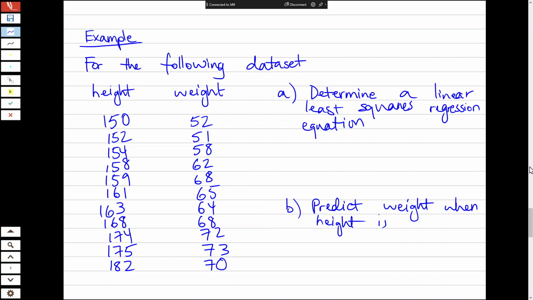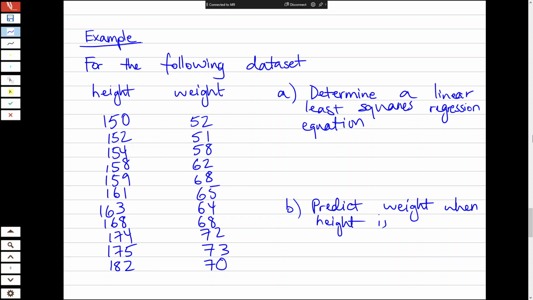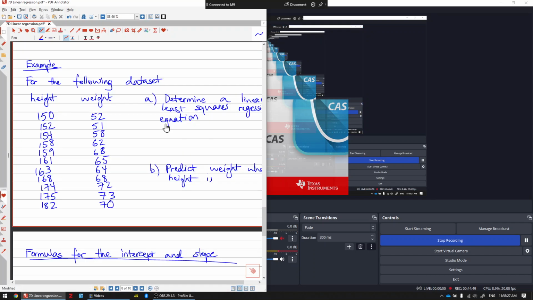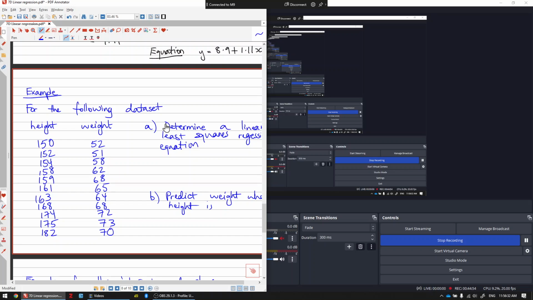Take a moment to type the data in. I've only got one screen, so I'll need to photograph this and type it in. I'll put this to one side so that you can still see the data. Then I'll show you the CAS calculator on the other side.